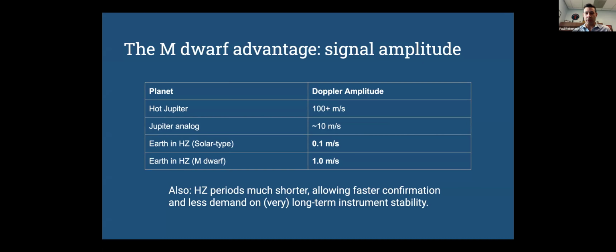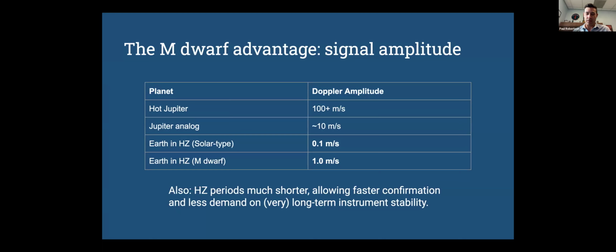And so the gravitational reflex motion is going to be higher, but also the planet is closer in. And so that further increases the Doppler amplitude, but also makes the orbital period shorter. And so you get a full order of magnitude increase in the amplitude that you're looking for, but you can also potentially cover a full period in a single observing season or less.